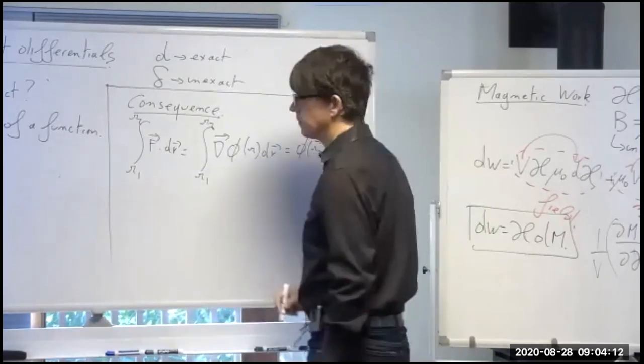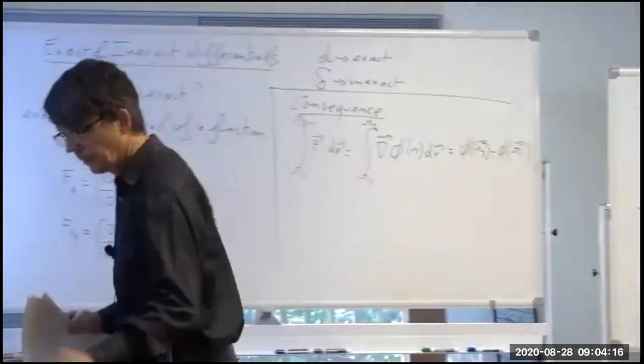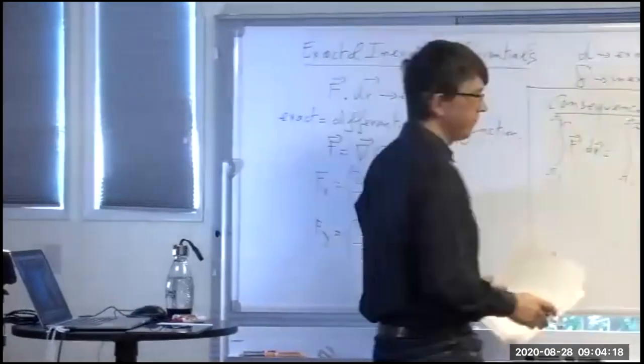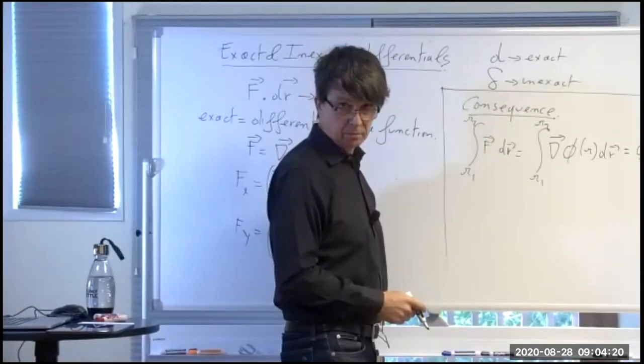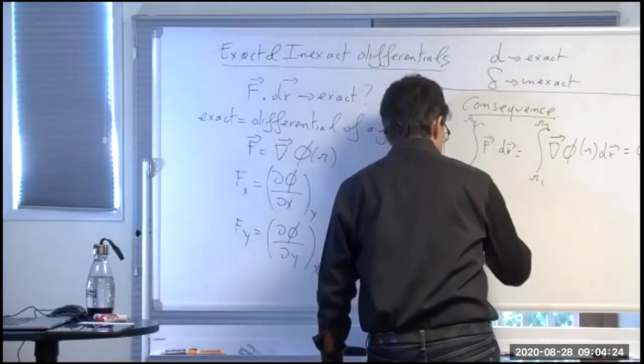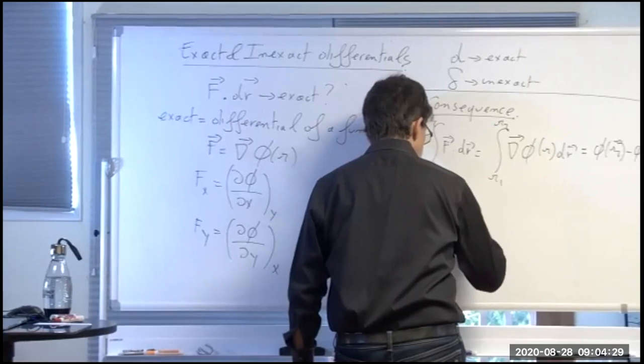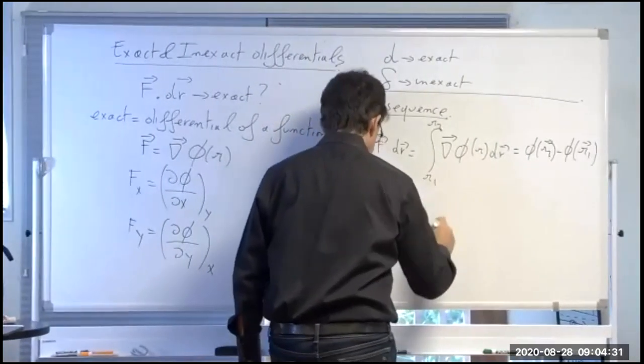So if F is the gradient of a function, so if F dr is exact, then F is called conservative.